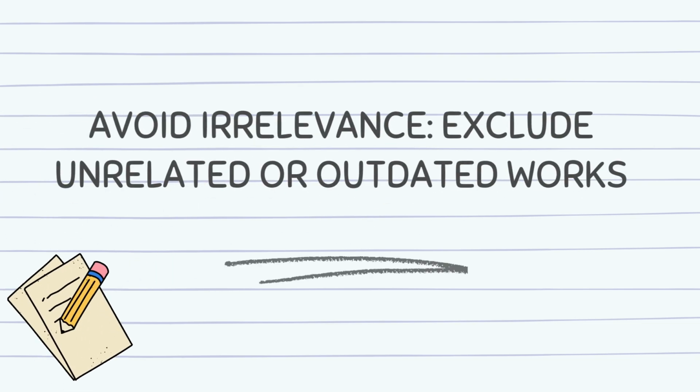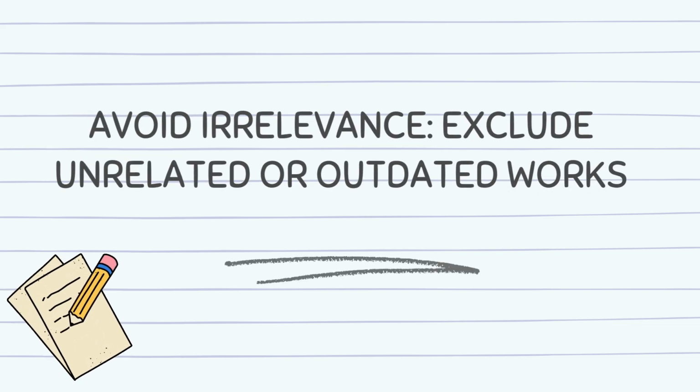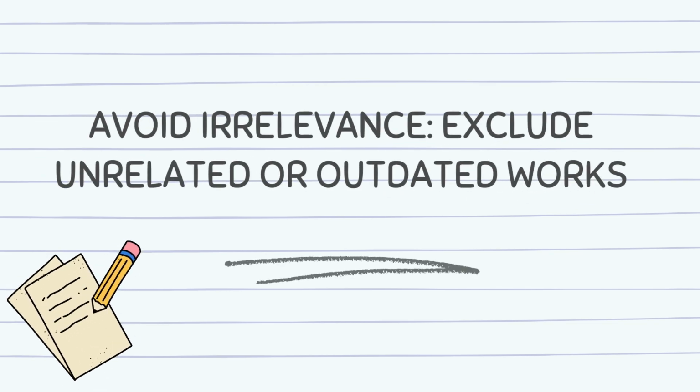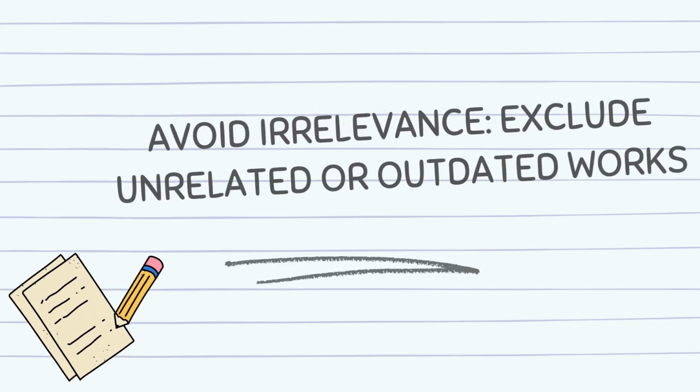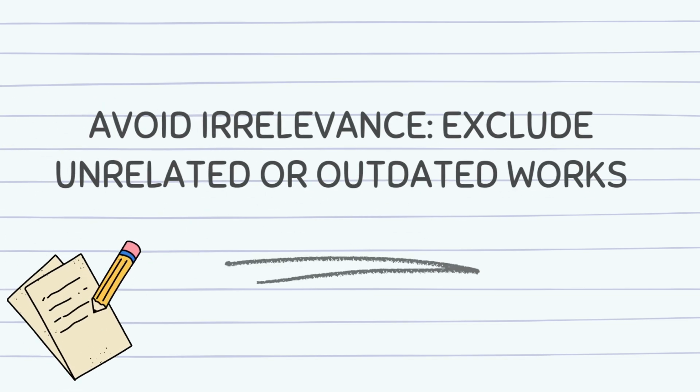For example, a study on artificial intelligence in healthcare should include recent advancements in machine learning and diagnostics, rather than outdated discussions from the early 2000s. Research on climate change adaptation must incorporate recent policy changes and environmental studies rather than relying solely on older climate models.